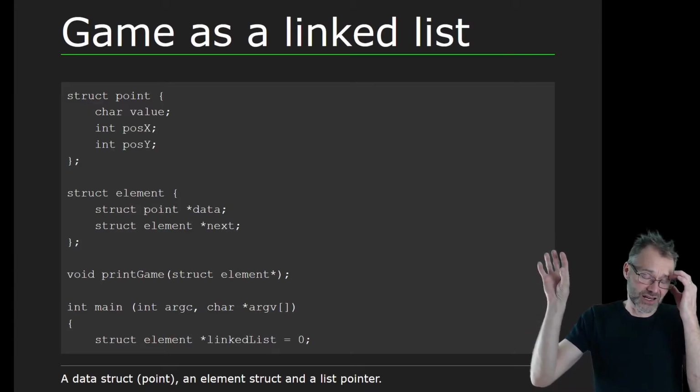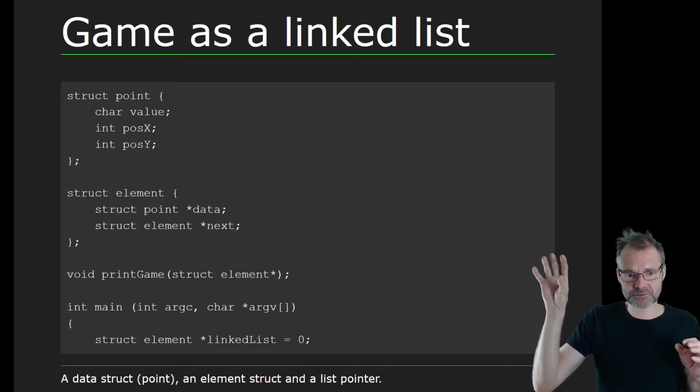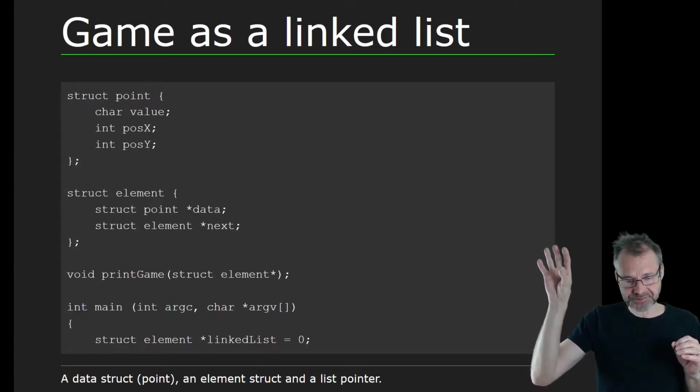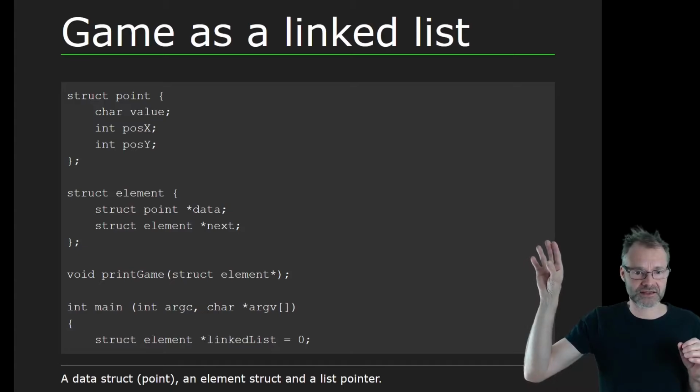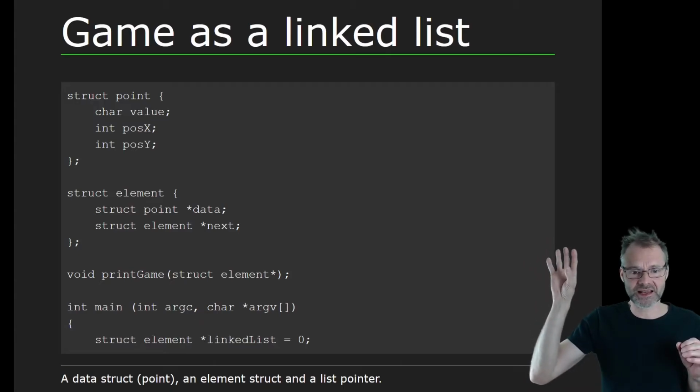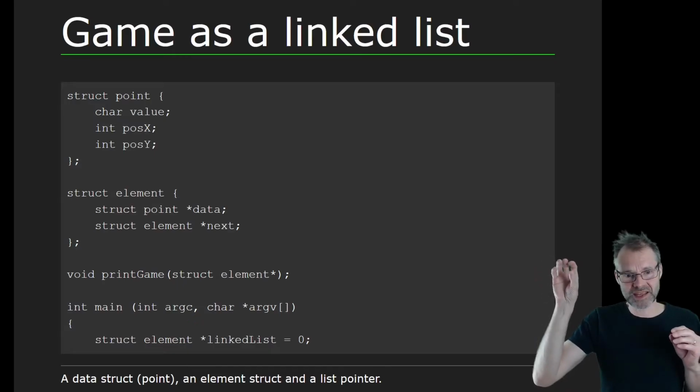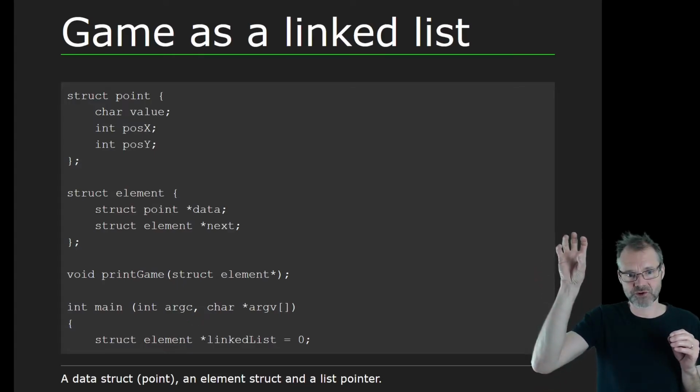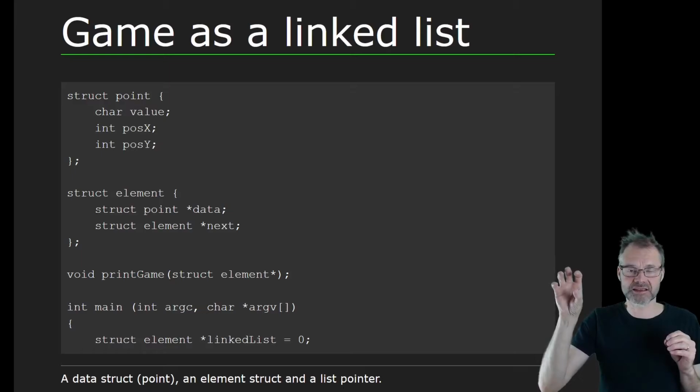Could I actually have chosen another type of structure for this? Yes, for sure I could do that. So if you look at the struct element that contains the struct point star data, I could basically take the whole struct point and just place it into the element. That could be fine. I could also do it the other way around.